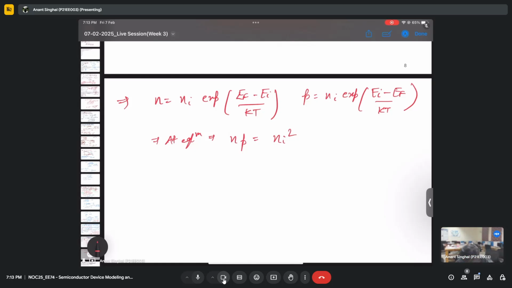Okay, let me not confuse you all. So n is NC exponential of minus EC minus EF over KT, and p is NV exponential of EF minus EV over KT. Is there any doubt in these three things?